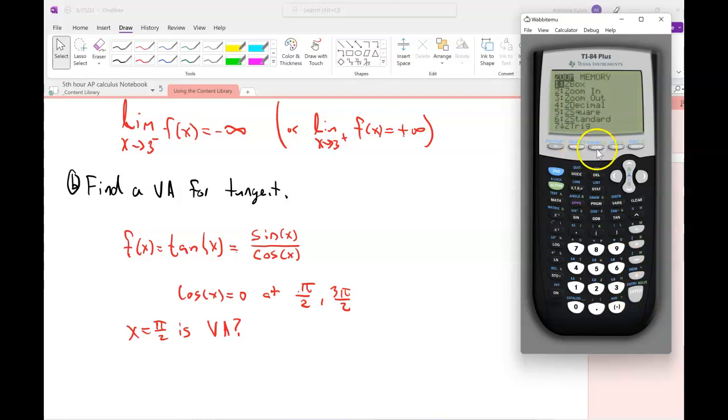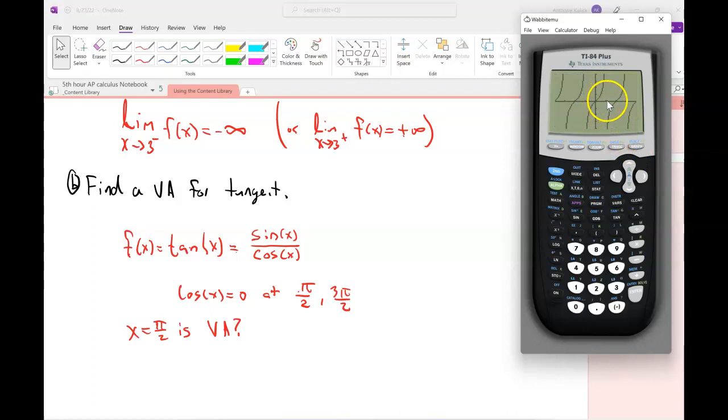And then I'm just going to do zoom trig. And that'll reset my window so that it's going from negative 2 pi to positive 2 pi, and all the tick marks on the x-axis are by pi over 4, I think. Double check that real quick. Nope, they're by pi over 2.